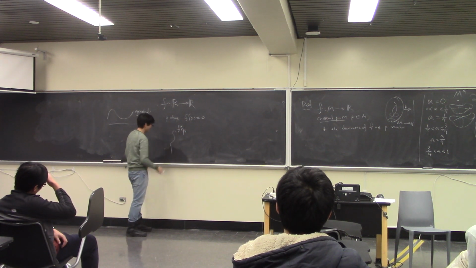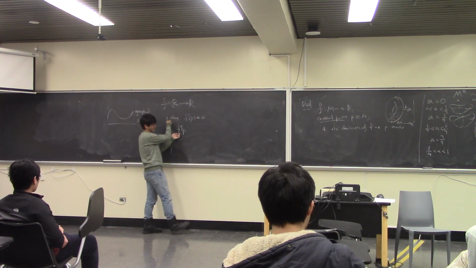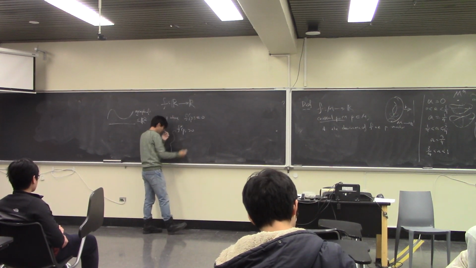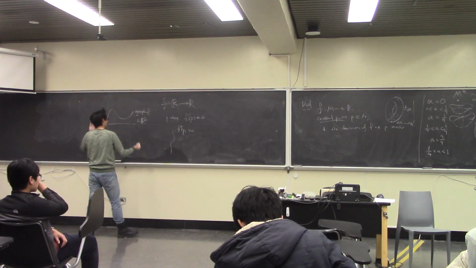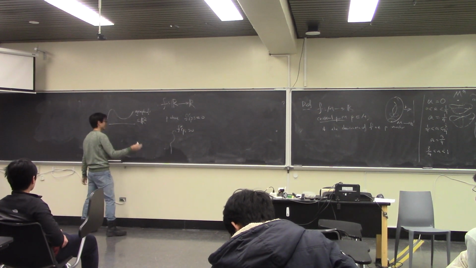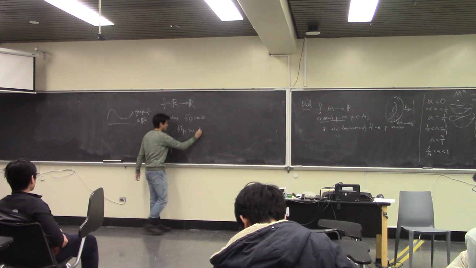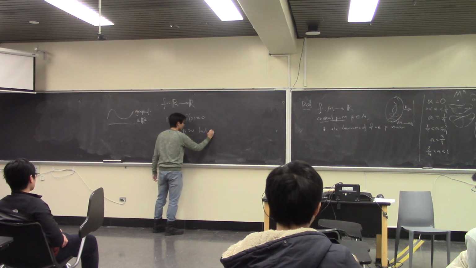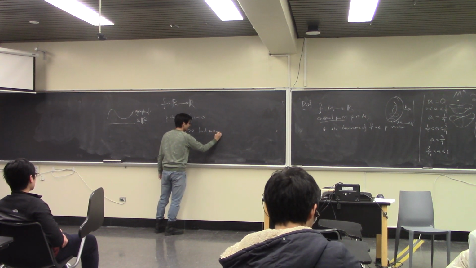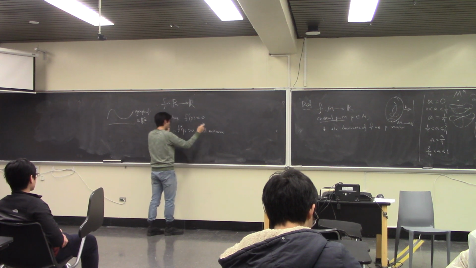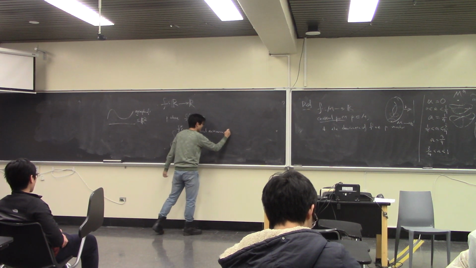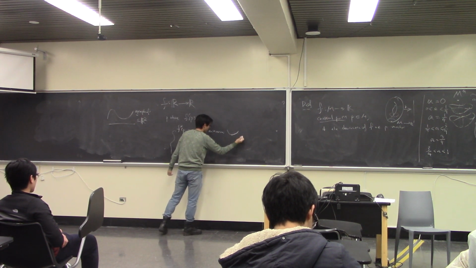There are a couple of cases. If the second derivative at a critical point is positive, then we know from calculus that p must be a local minimum. So this tells us that the graph of f must locally look like a cup.